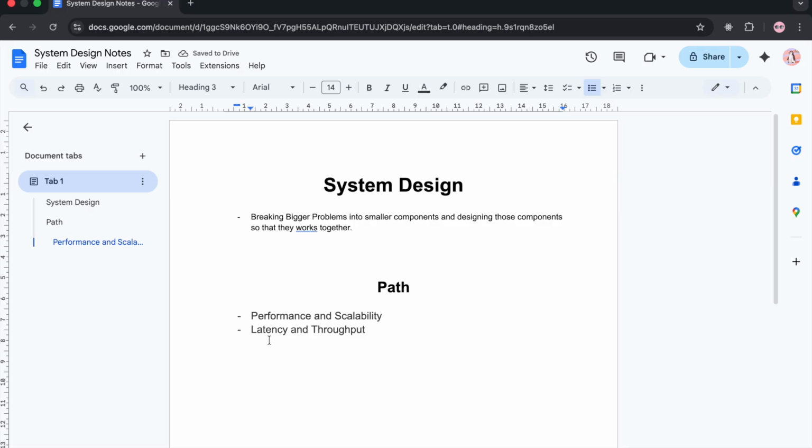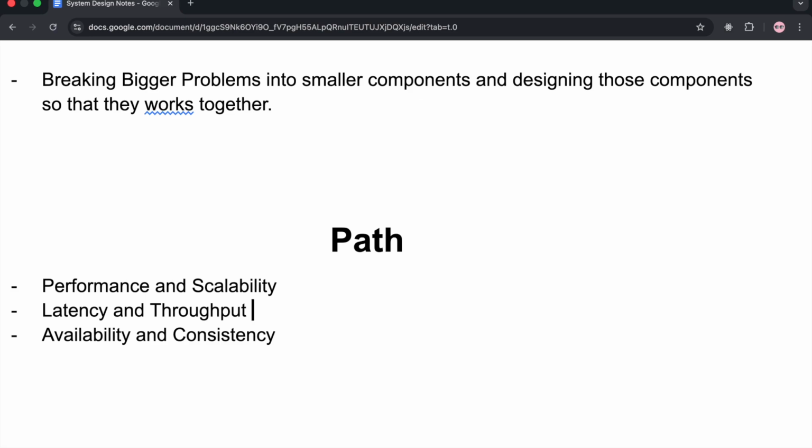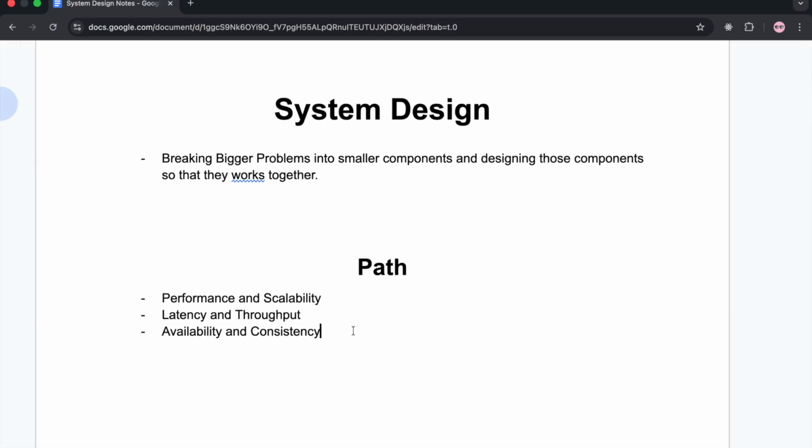So basically latency is how much time your system takes to respond, and throughput is how many requests your system is handling at the same time, right? Now after that we will discuss availability and consistency.